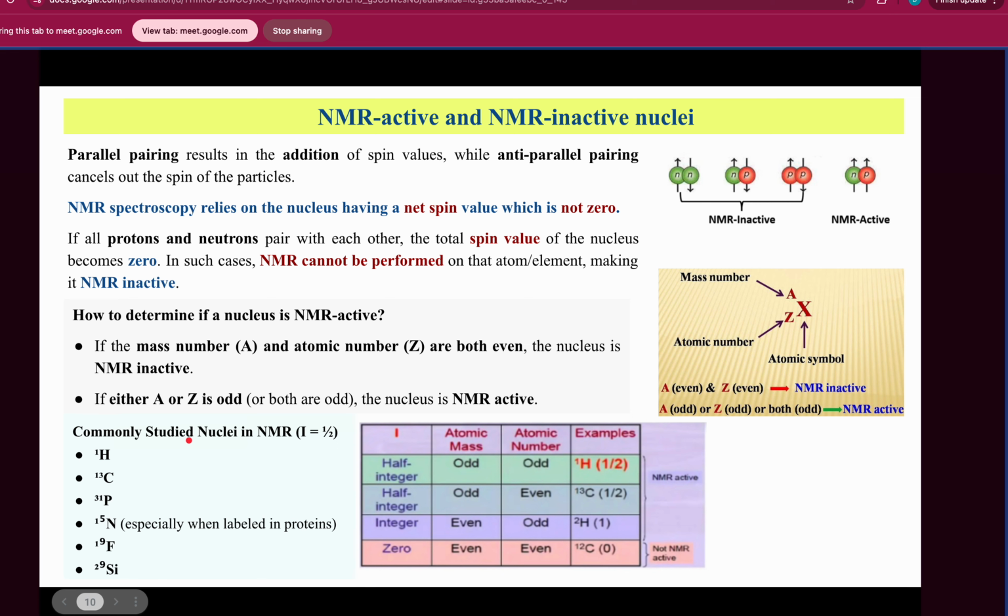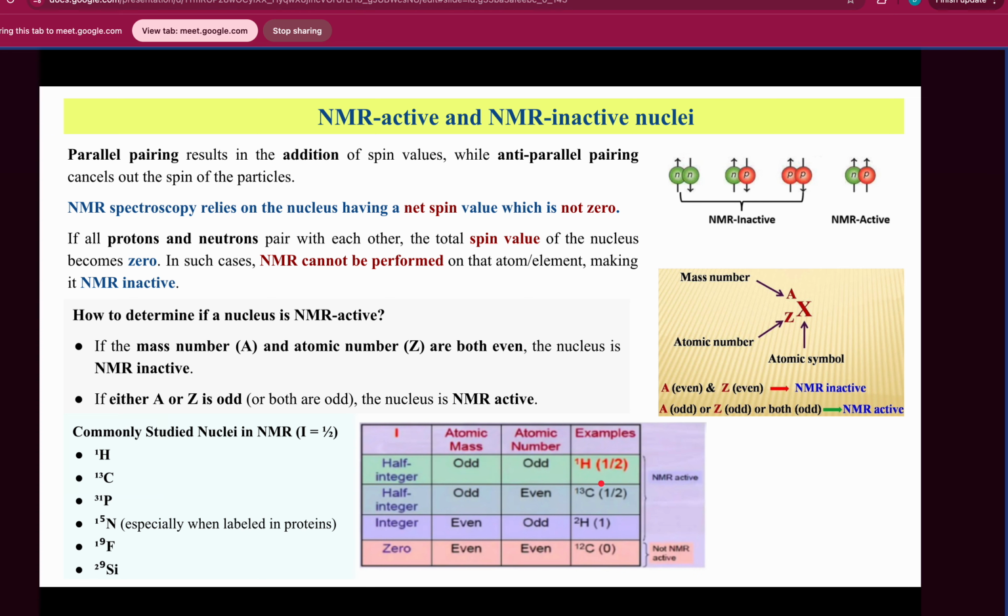And the commonly studied nuclei in NMR are hydrogen, carbon, so the C13 isotope of carbon, then P31, N15, fluorine 19, and silicon 29. So these are some of the elements which are used to study NMR, because they are NMR active, because when we look at their atomic numbers as well as the mass number, either one of them is odd or both of them are odd.